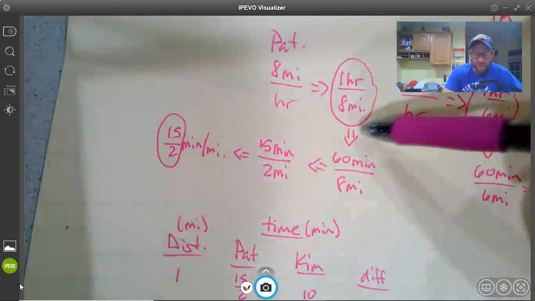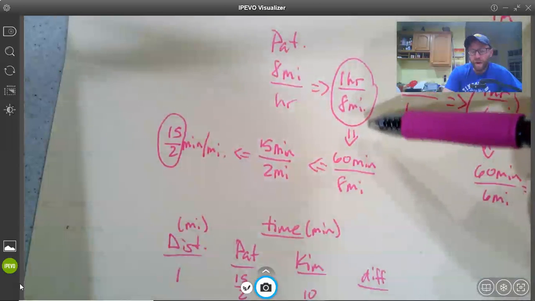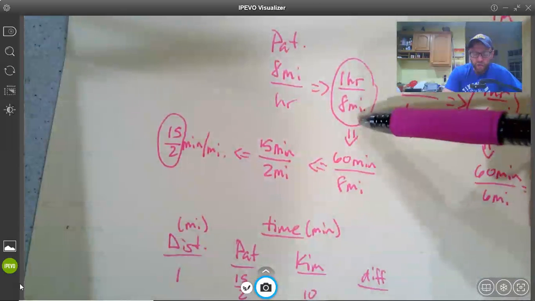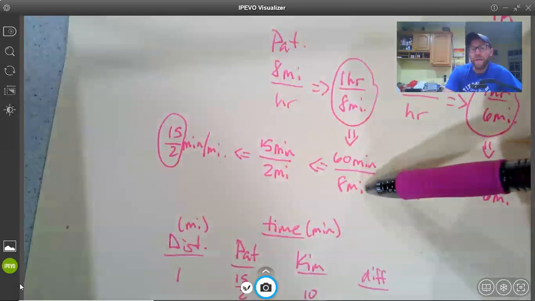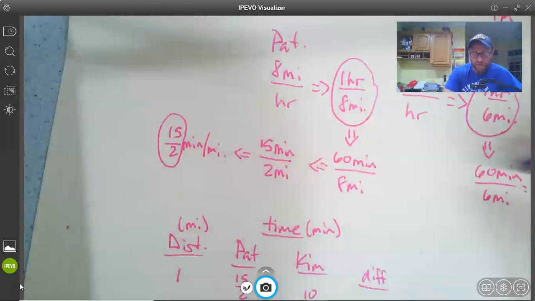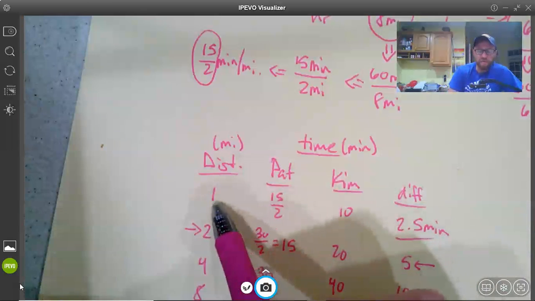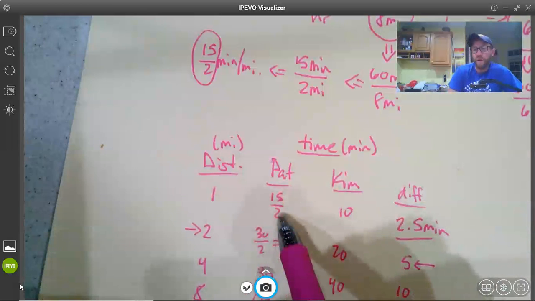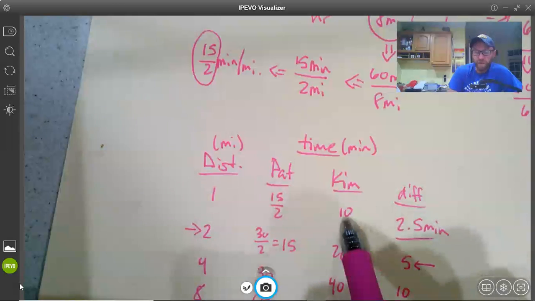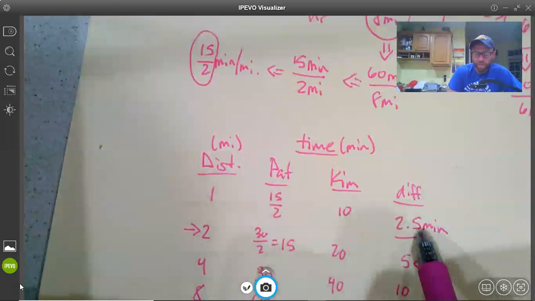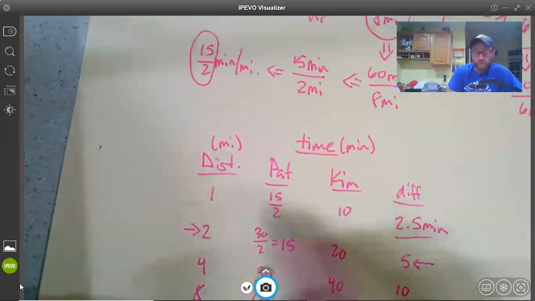And then, of course, hours per mile, we really want minutes per mile, so we just replaced hours per mile with 60 minutes per mile, which then just kind of simplified. Then we can set up a table. We say, well, 1 mile, Pat goes so many minutes per 1 mile. Kim goes so many minutes per 1 mile. And then the difference between them is whatever the difference is between them.